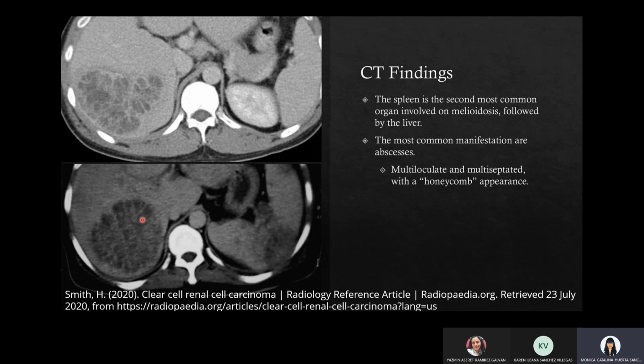And we can see little septae that go along all of the lesion, resembling a honeycomb pattern. The honeycomb pattern has been reported to be characteristic for melioidosis in this type of liver abscess, which can be identified in liver abscesses that are larger than 2 centimeters.